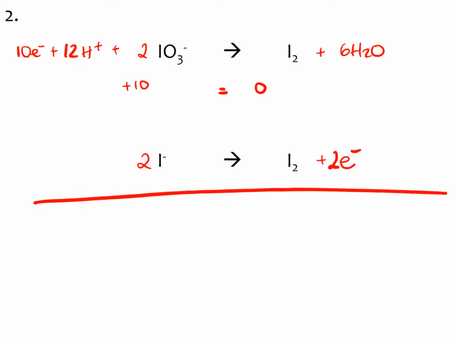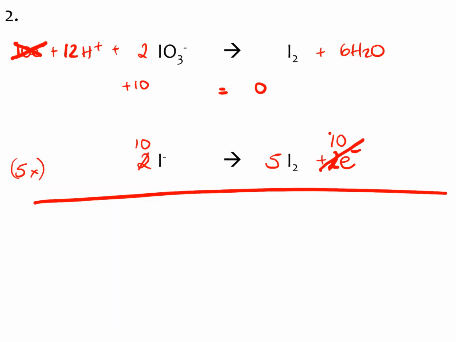To look at this overall, we have 10 electrons being used by the iodate in the top equation, but we've only got 2 being produced in the bottom, so we therefore have to have 5 lots of the bottom half equation. That would then give us the 10 electrons that we need. So 5 times 2 would mean that we have 10 iodides, I keep making that error. We would have 5 iodines and we would have 10 electrons on the right.